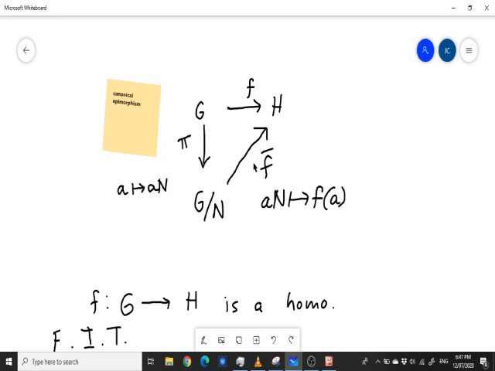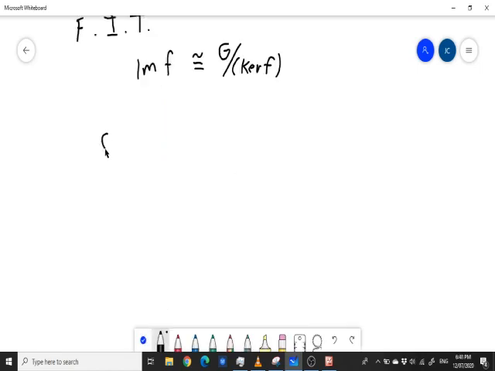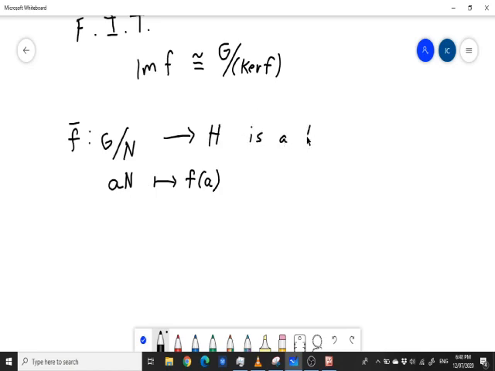We have to show that this is a homomorphism from G mod N to H. We have f bar, and its definition is that coset aN is mapped to f of a. So we have to show that this is a homomorphism.